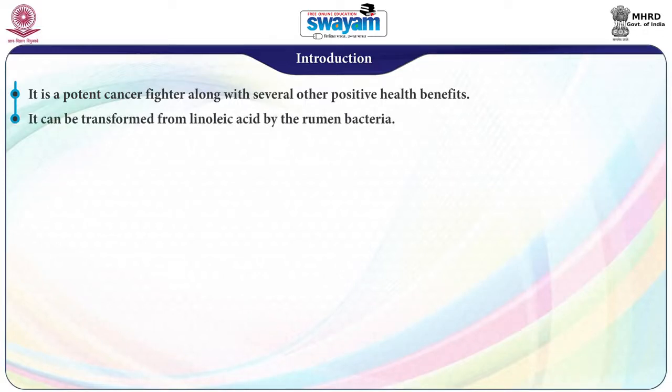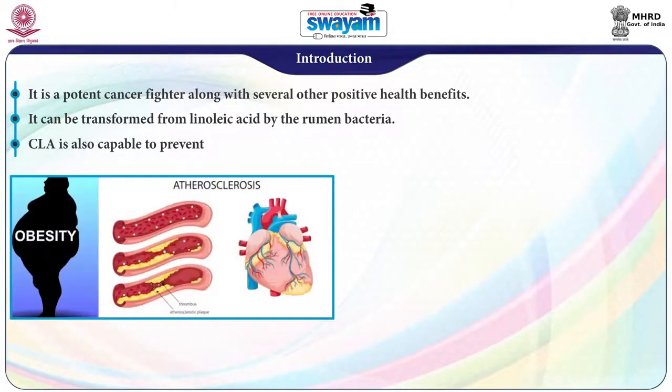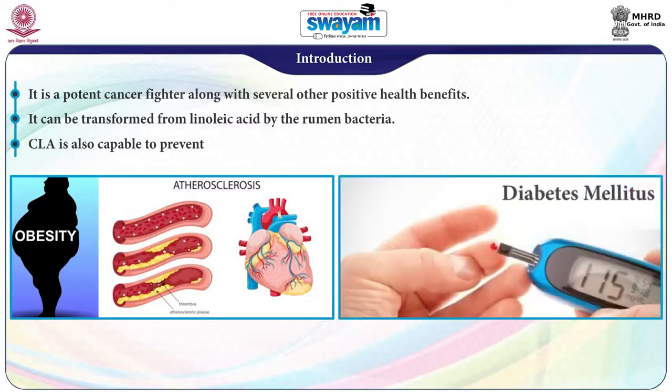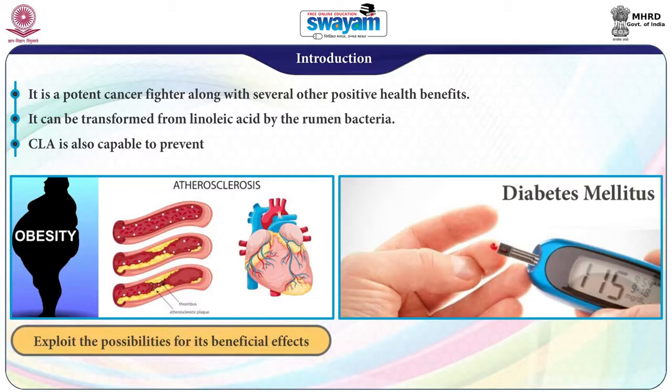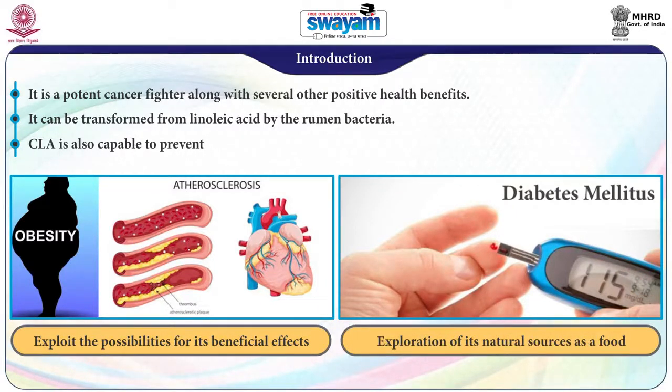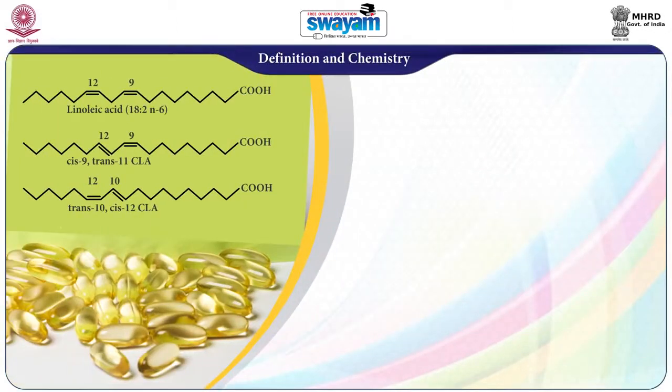It can be transformed from linoleic acid by the rumen bacteria. CLA is also capable of preventing obesity, atherosclerosis and diabetes mellitus. The only need is to exploit the possibilities for its beneficial effects and explore its natural sources as a food. We shall now see the definition and chemistry of CLA.